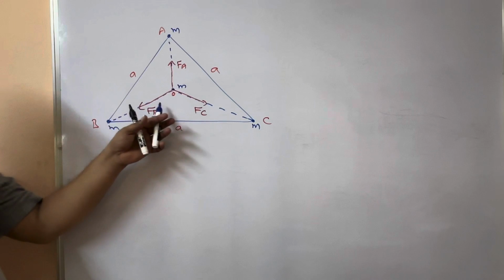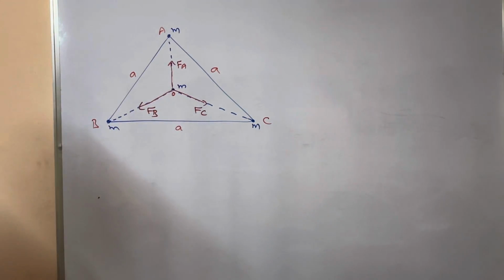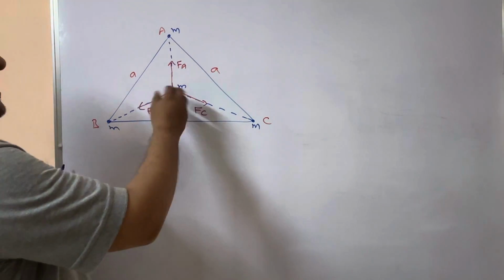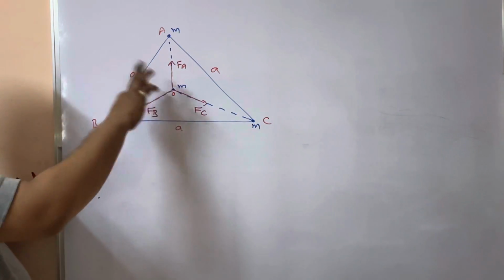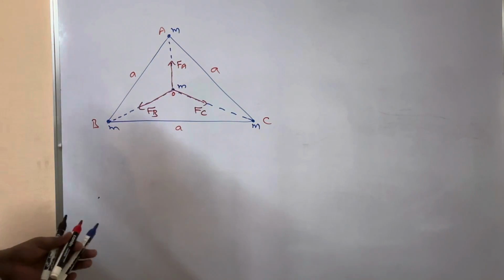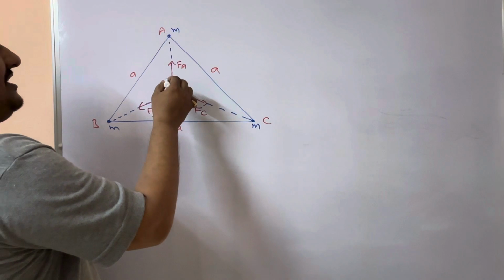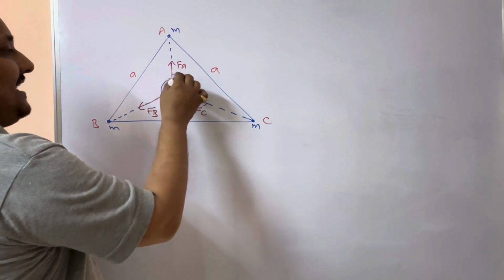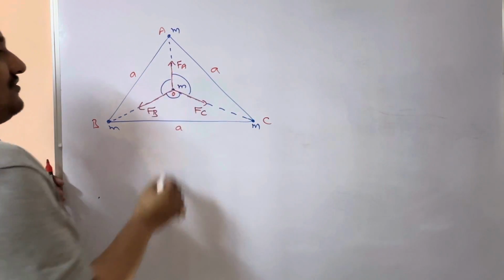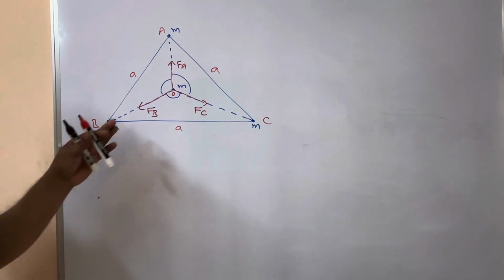Now again, how many forces came here? Three forces. Whenever we get more than two, first we calculate the resultant of any two forces. What is the angle between these two forces, or any two forces? We discussed this in basics.